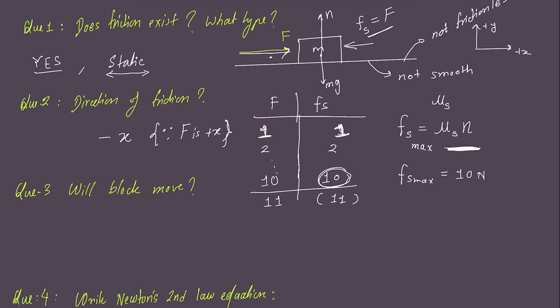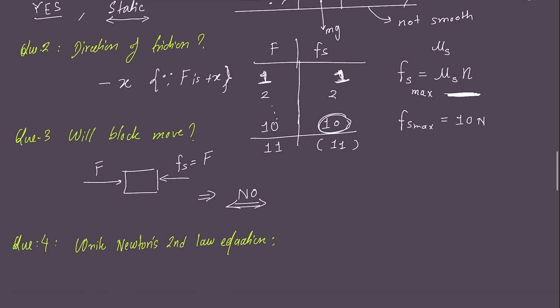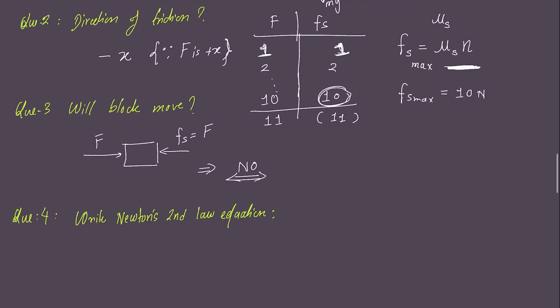So here the force is capital F, and the frictional force is also capital F. That means these two forces are balancing each other, and therefore the block is not going to move. For this block to move, one of these forces needs to win. Only then will you have a net force in either plus x or minus x direction, and only then the block can move.